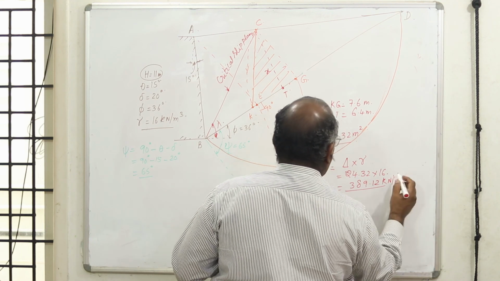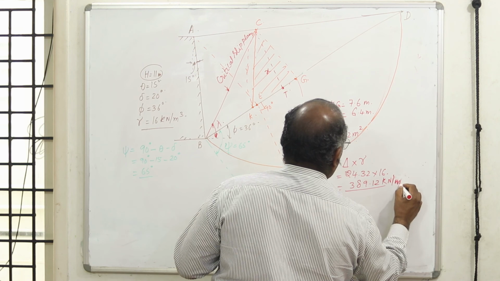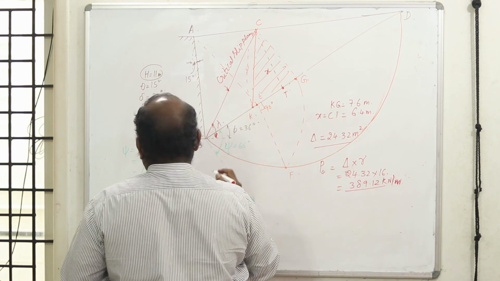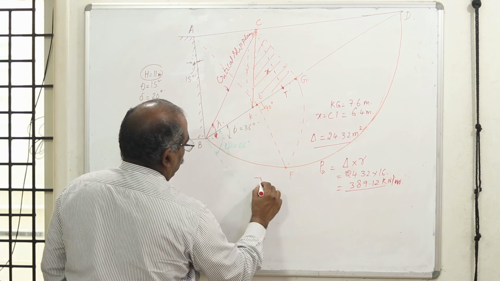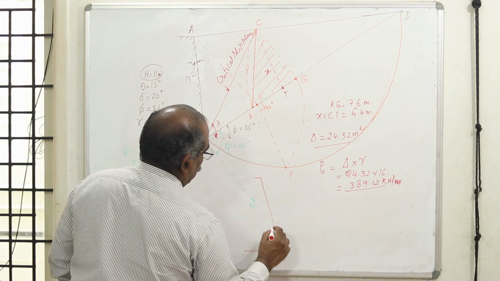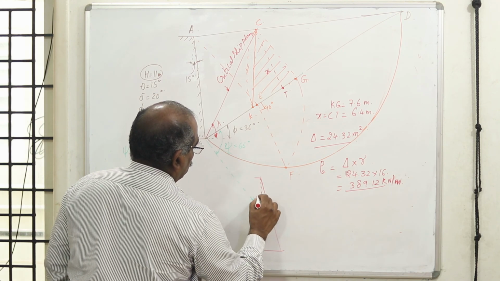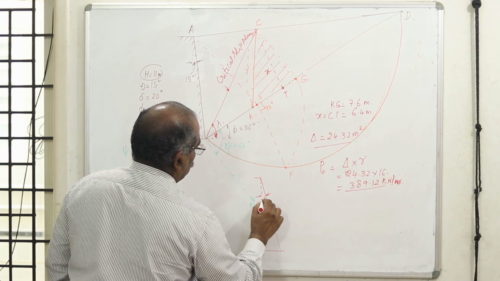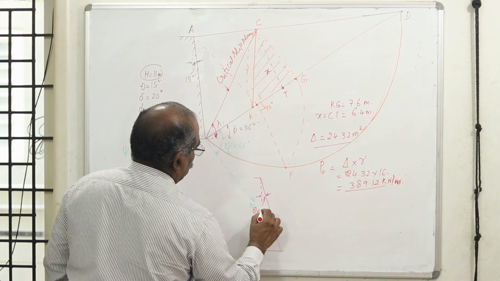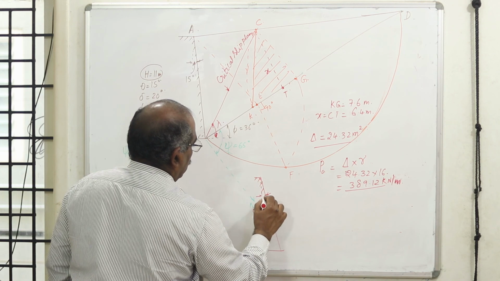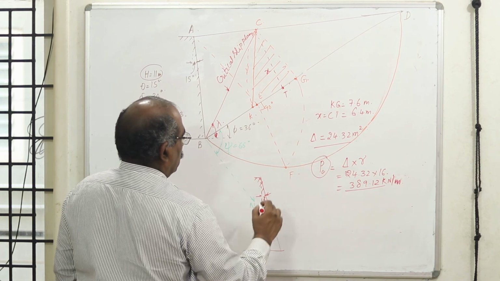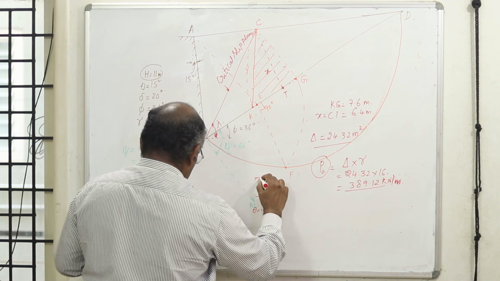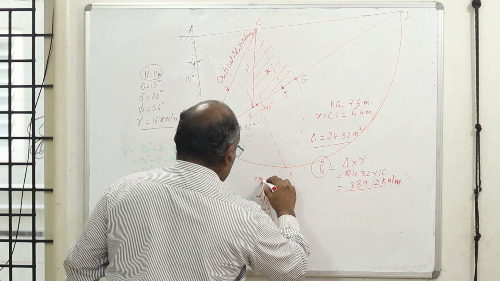The interesting part here is what he has asked to find out. This is theta, this is 15. He is asked to find out the intensity of pressure, not the total thrust. Now the pressure distribution diagram will be something like this.